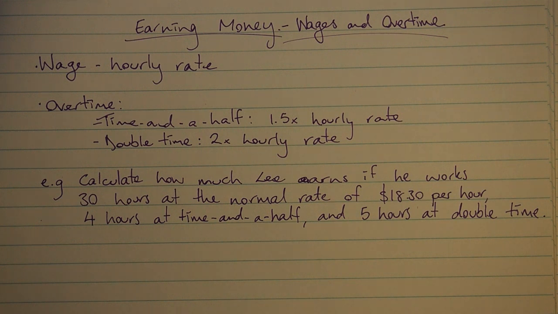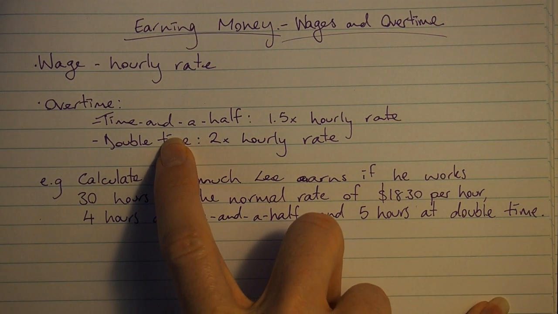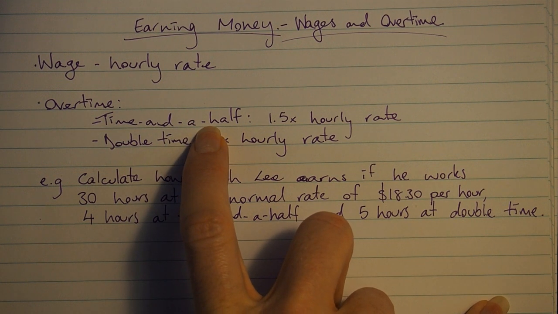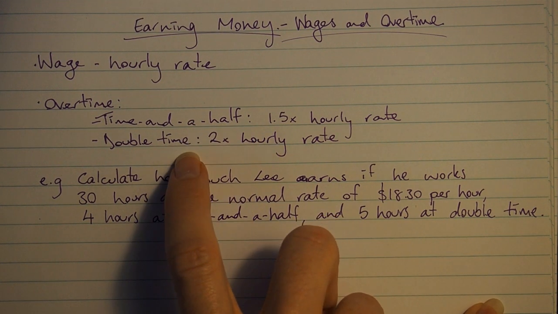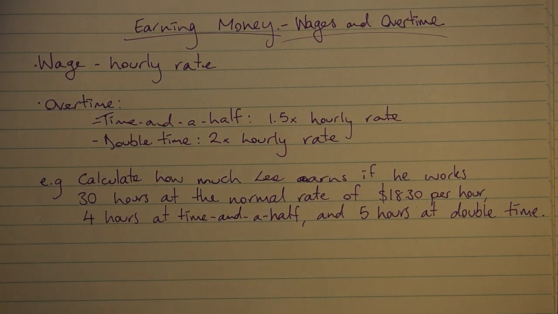So you might have the first 4 hours after 38 hours, they earn overtime at a rate of 1.5 times or time and a half, and anything beyond that, so more than 42 hours, gets 2 times or double time their hourly rate. Okay, so it's an incentive for people to work more hours, essentially.